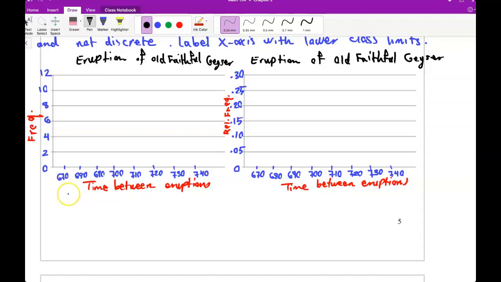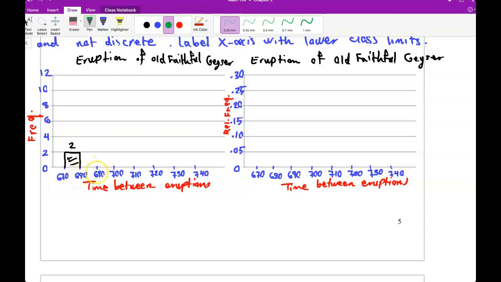Okay, so between 670 and 680 we have two numbers. Between 680 and 690 we have nothing.